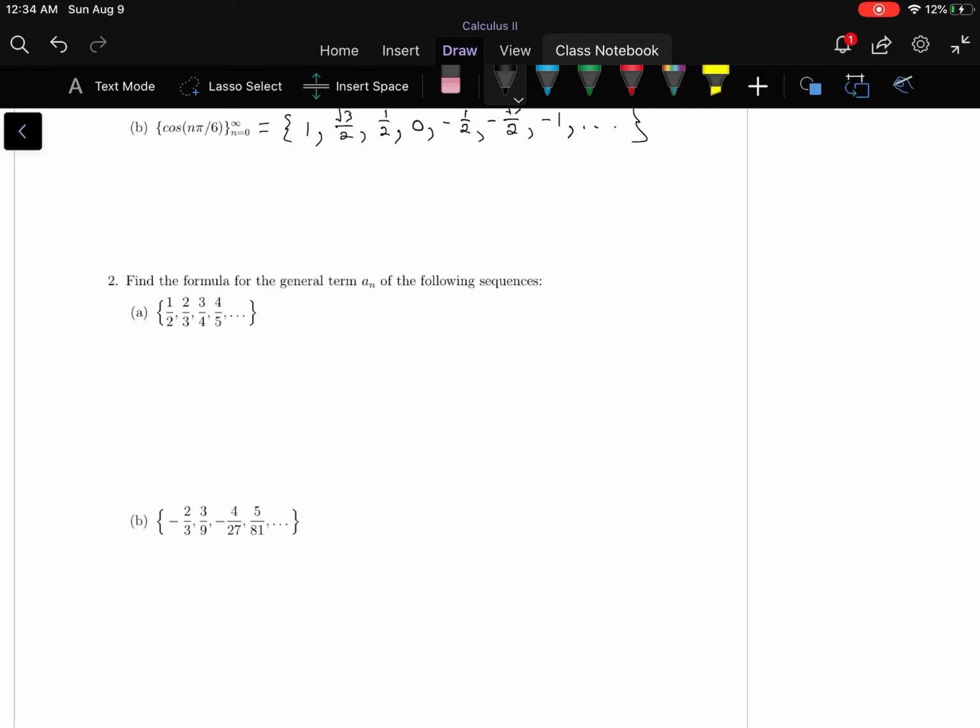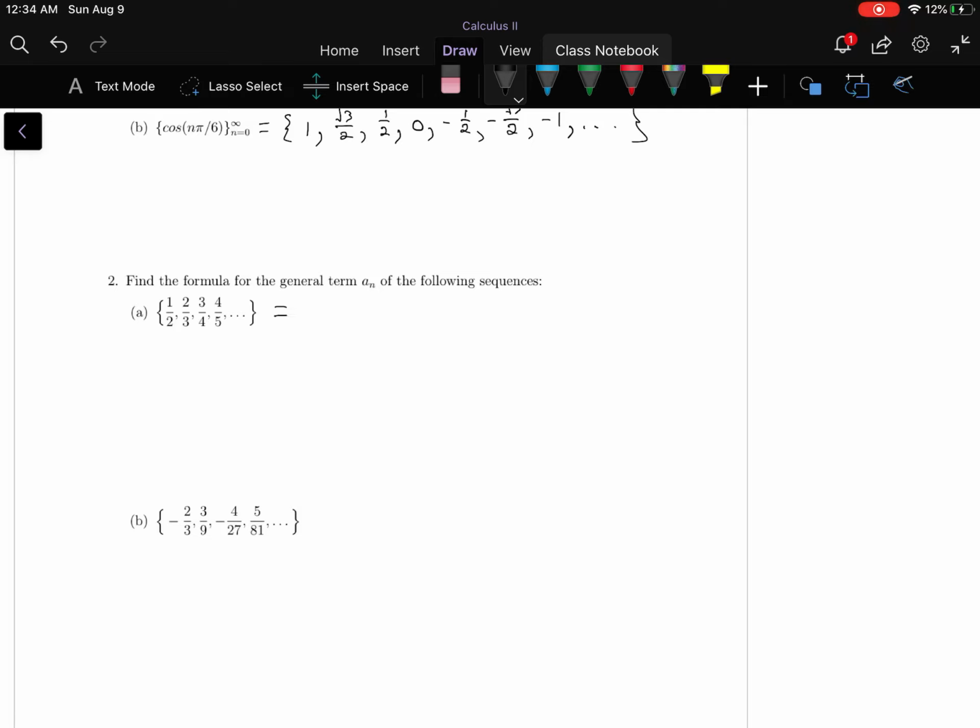And so what I tend to do when I'm faced with a challenge like this is I try to view patterns. And so I see that the bottom is always 1 larger than the top. And I recognize that the top is always increasing just by 1. So it's counting numbers.